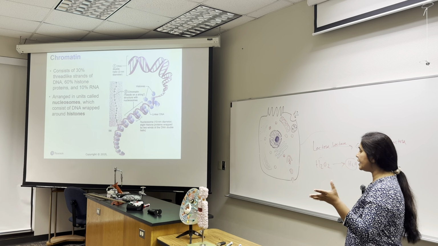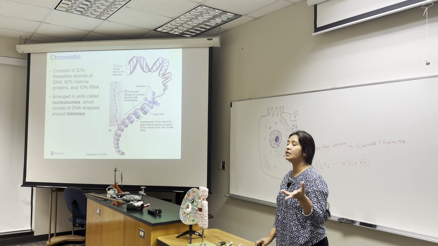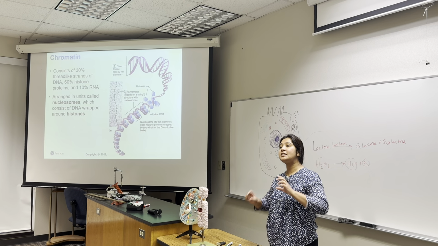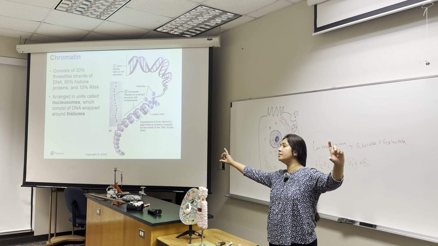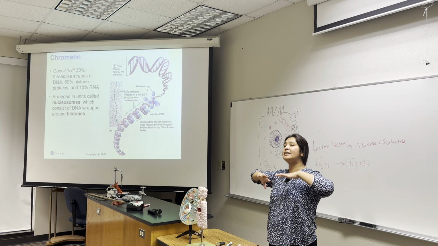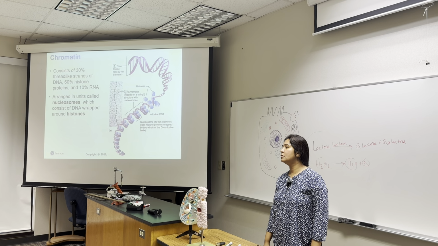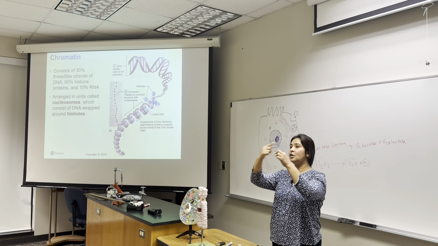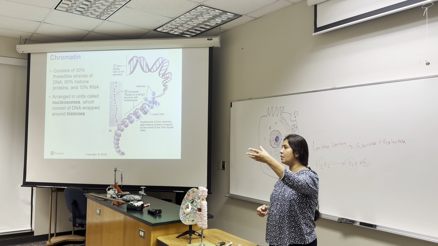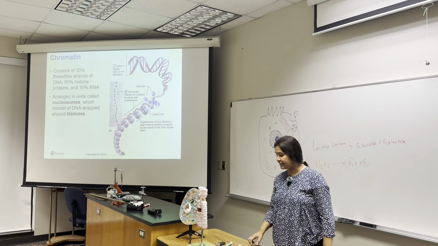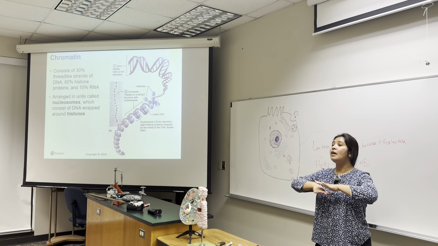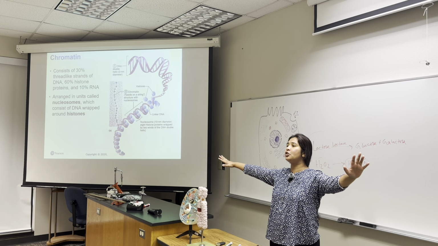Actually, let me tell you another analogy, then you will understand. Have you ever seen a long thread? If you have a thread that is very long, what do you do? You wind it up around a ball or something, right? Exactly like that, you have a very long stretch of DNA.